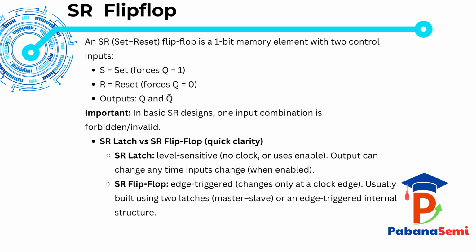That means it changes its output only at a clock edge, such as the rising or falling edge. It is usually built using two latches in a master-slave configuration or with an internal edge-triggered structure. So the key difference is: latch responds to levels, flip-flop responds to clock edges. That is the basic idea of the SR flip-flop.